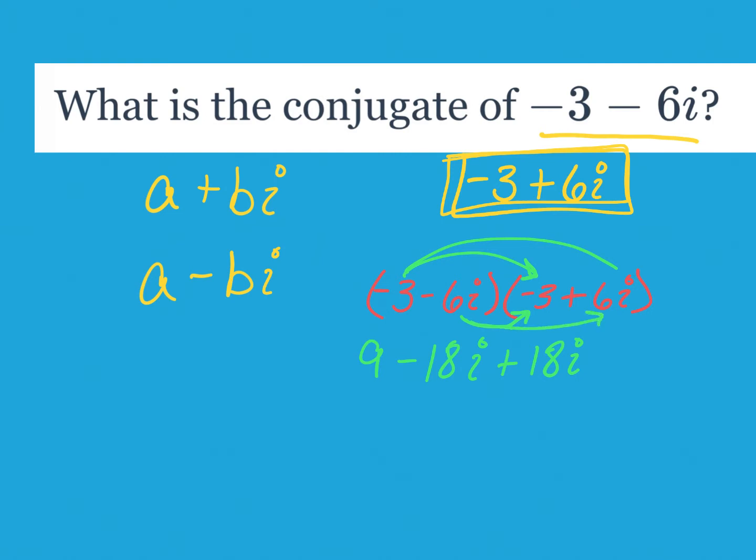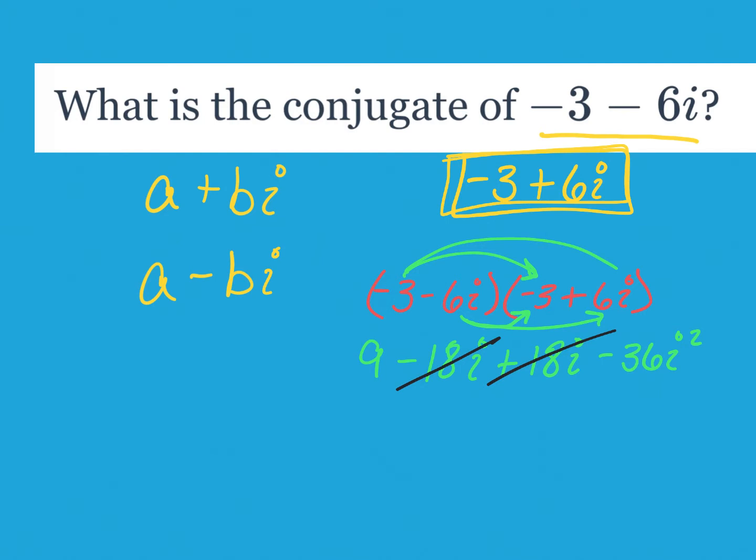So when we multiply negative 6i times positive 6i, this is going to give me negative 36i squared. As we talked about just now, our 18i cancels with the negative 18i. So we have 9.